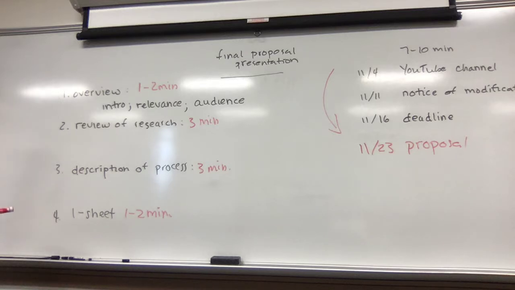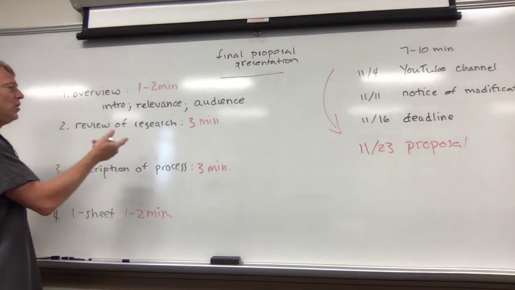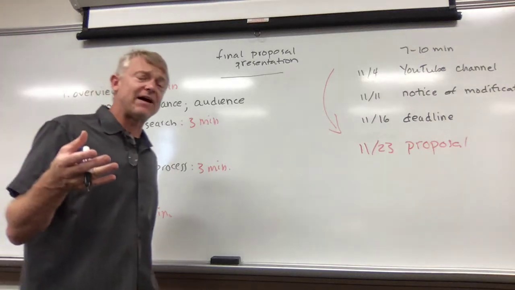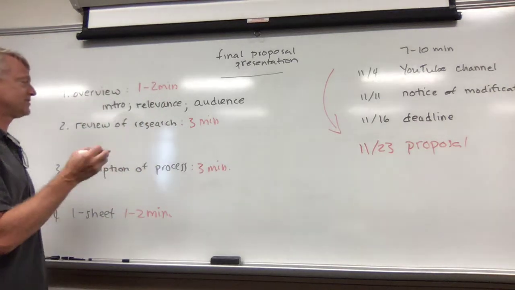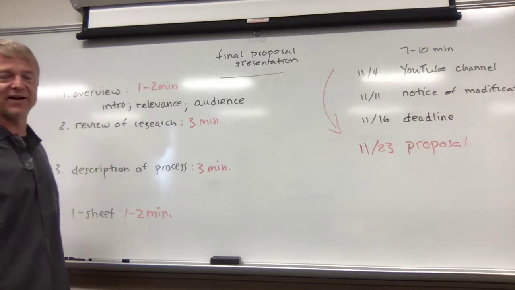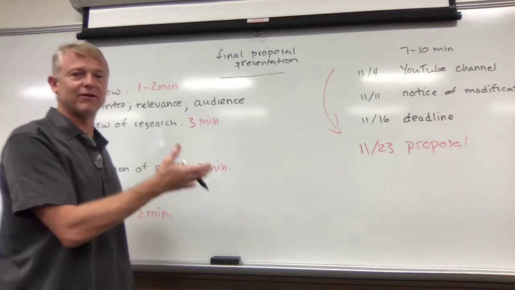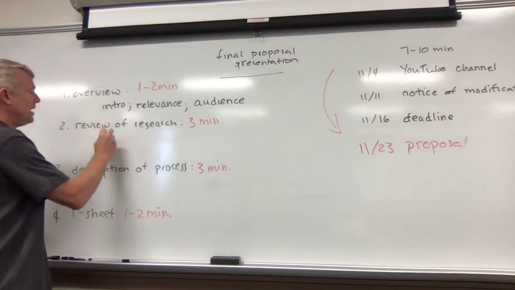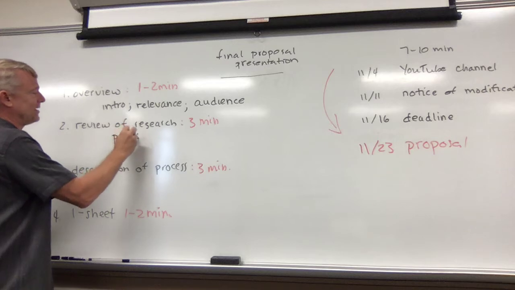In terms of the review of research, those of you writing papers for the class will do a quick overview of 45 seconds or so of a synopsis statement and relevant statement for each of the 5 that you've done in this class. So that's just a matter of going back over work that you've already done. But on the project side, it's really more of a matter of cherry picking.